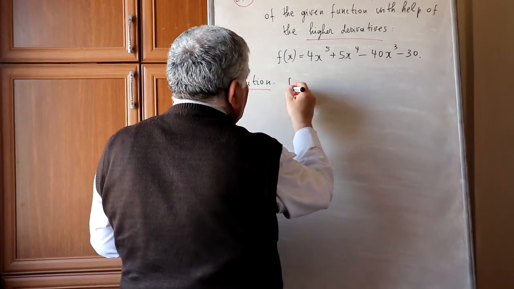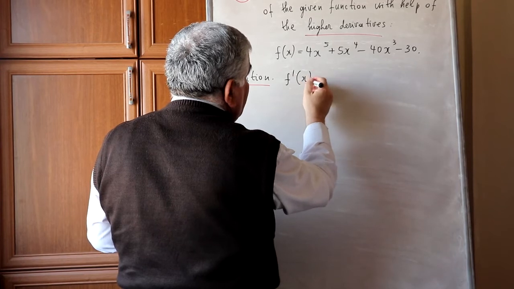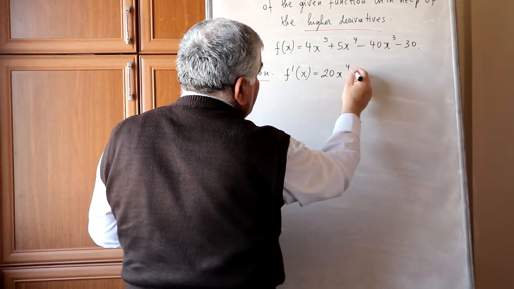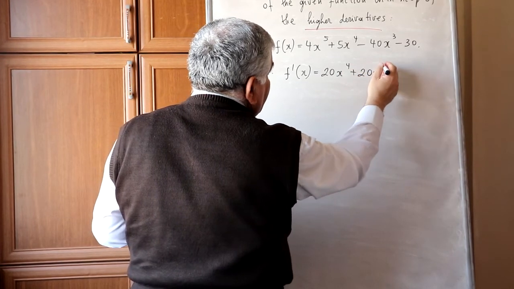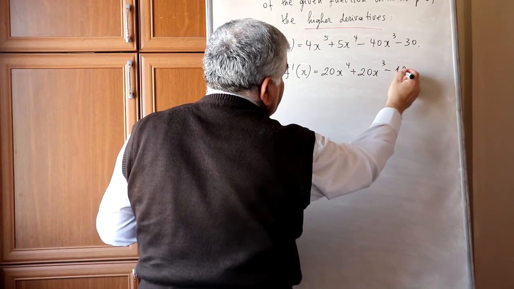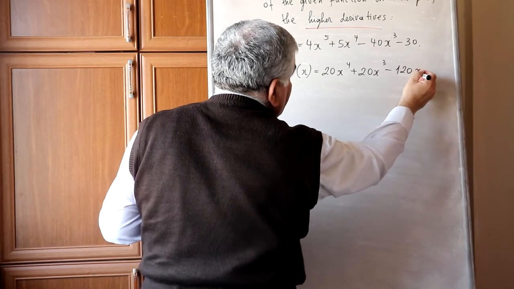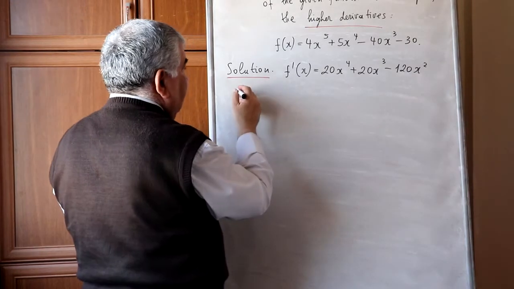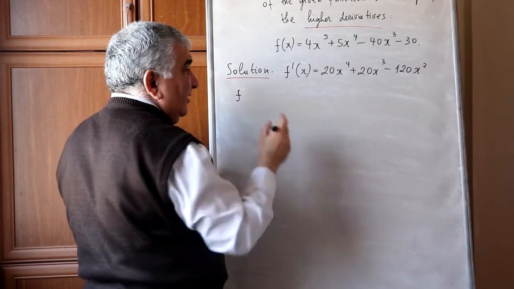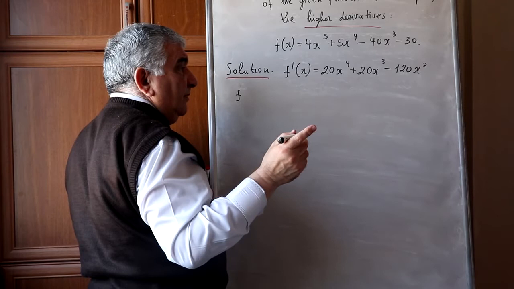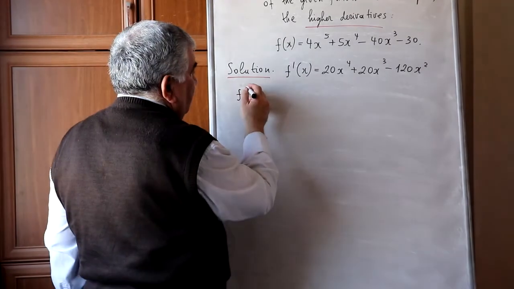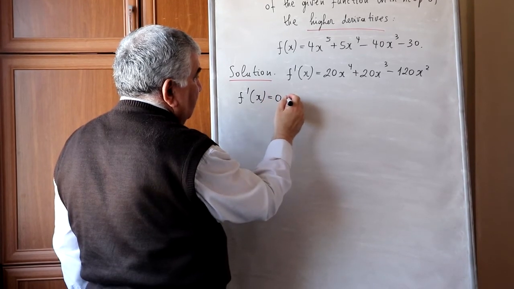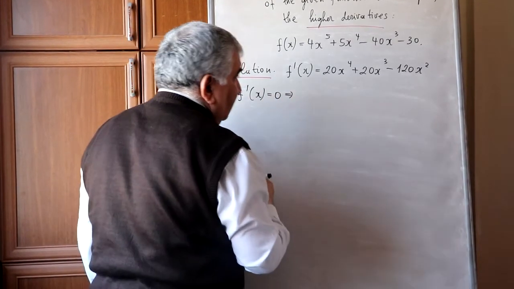F prime of x is 20x to 4 plus 20x cubed minus 120x squared, and equalize the first derivative to 0 for finding the first order critical points.